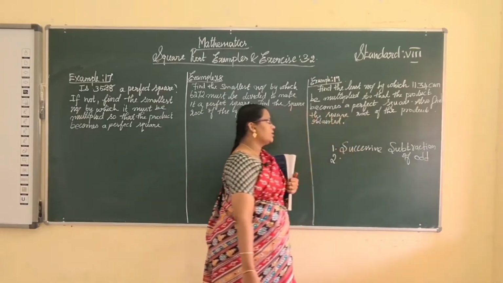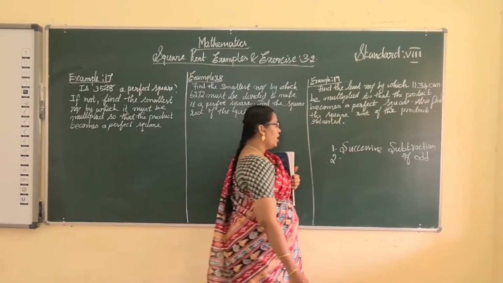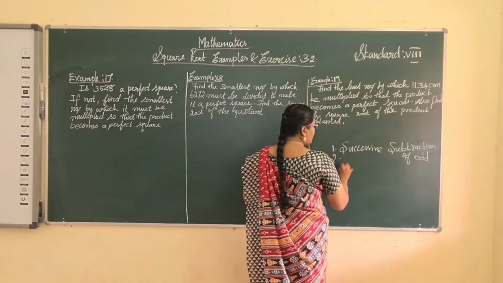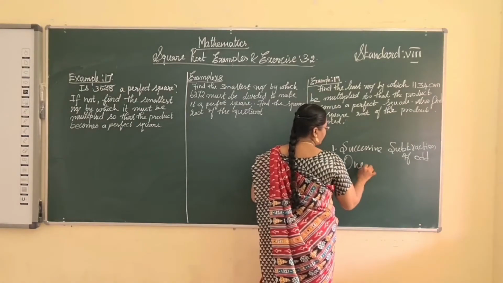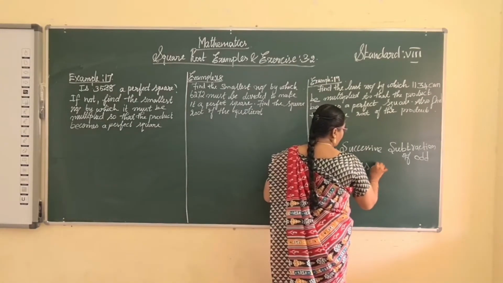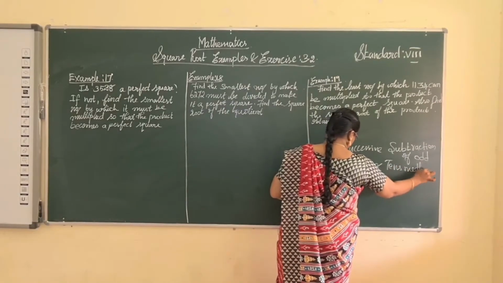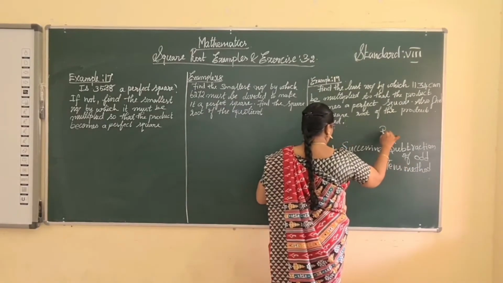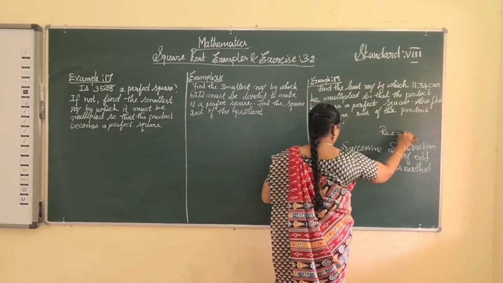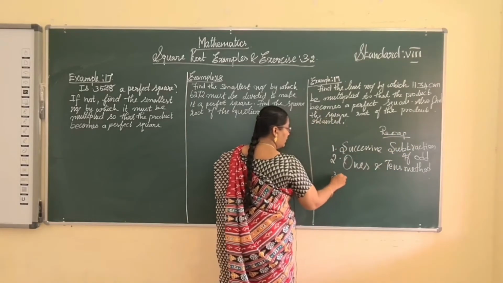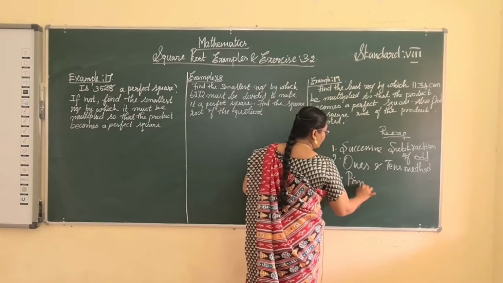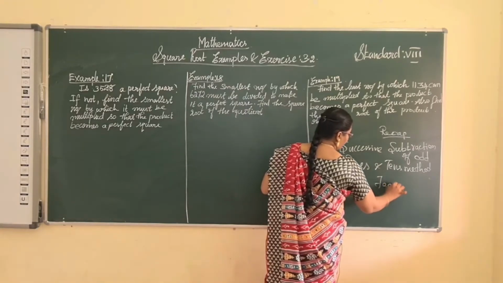The second one is the ones and tens method. And the third one is the prime factorization method.